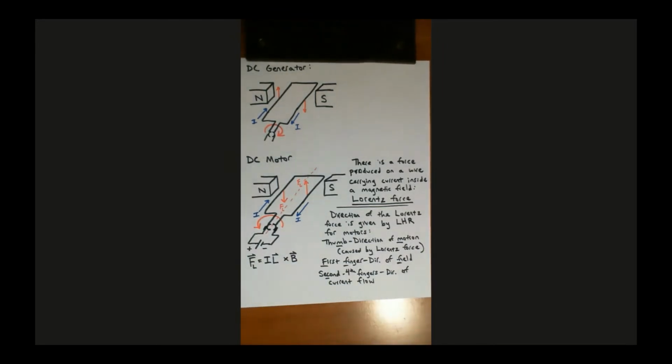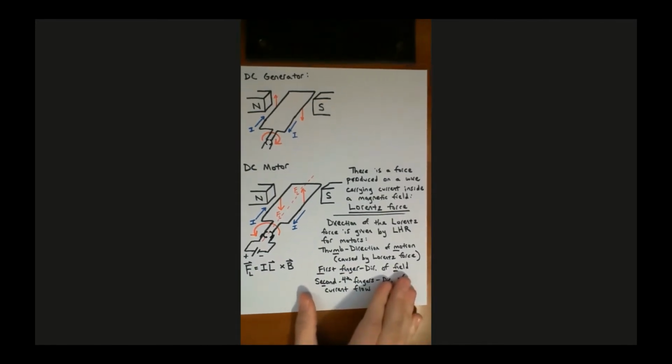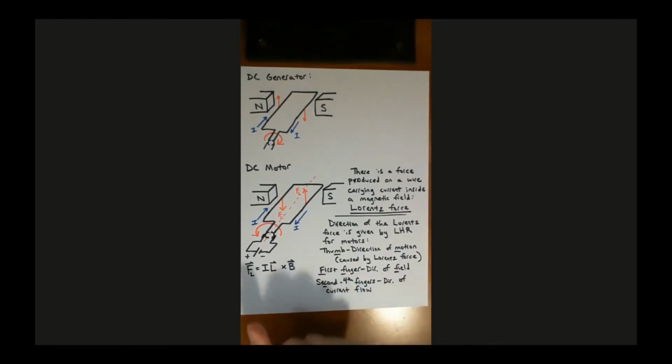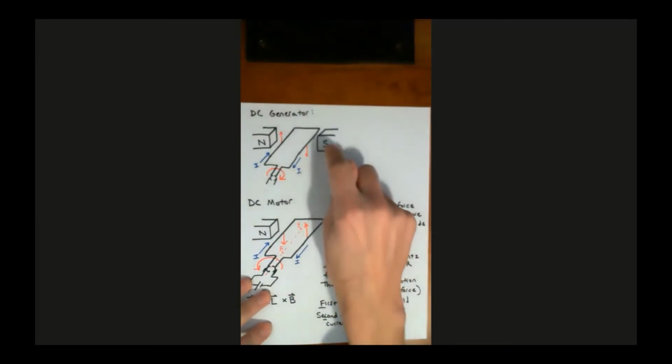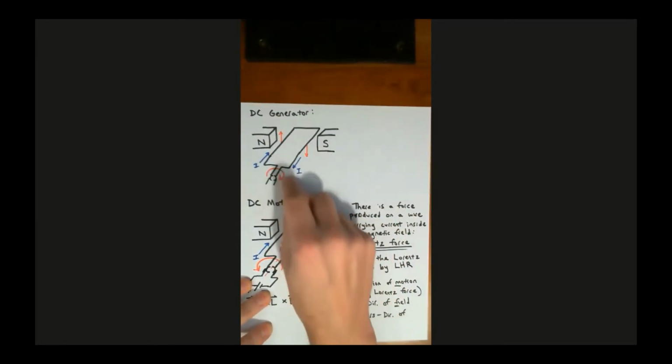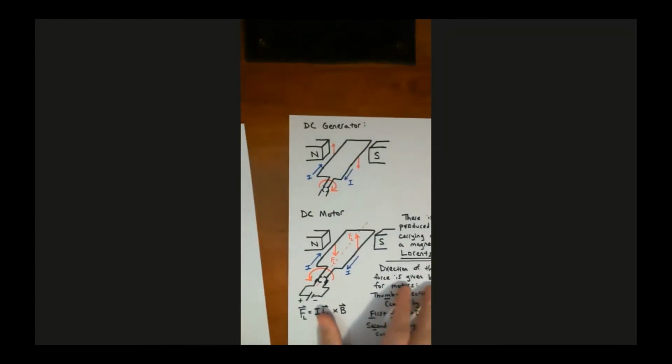All right, a couple things I want to point out. First of all, we talked about the basic requirements for generator action, and those basic requirements for generator action, hopefully you should remember them. We needed a conductor, we needed a magnetic field, and we needed motion between them in order to induce a voltage.